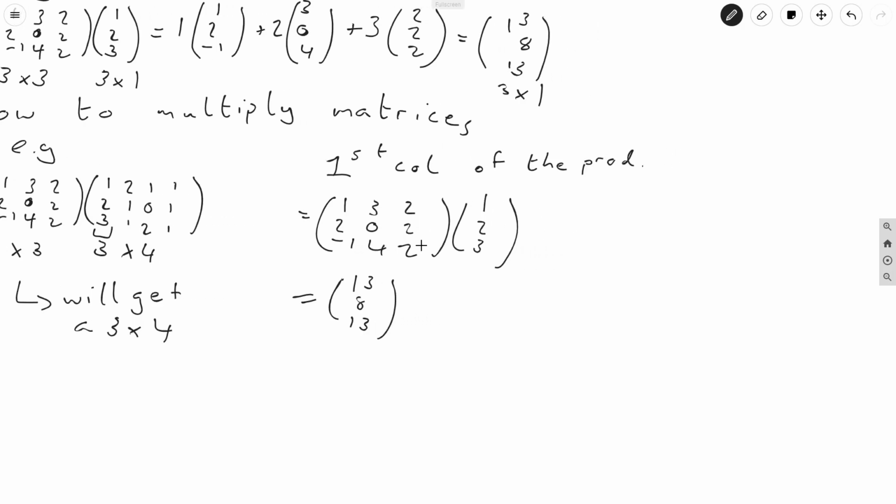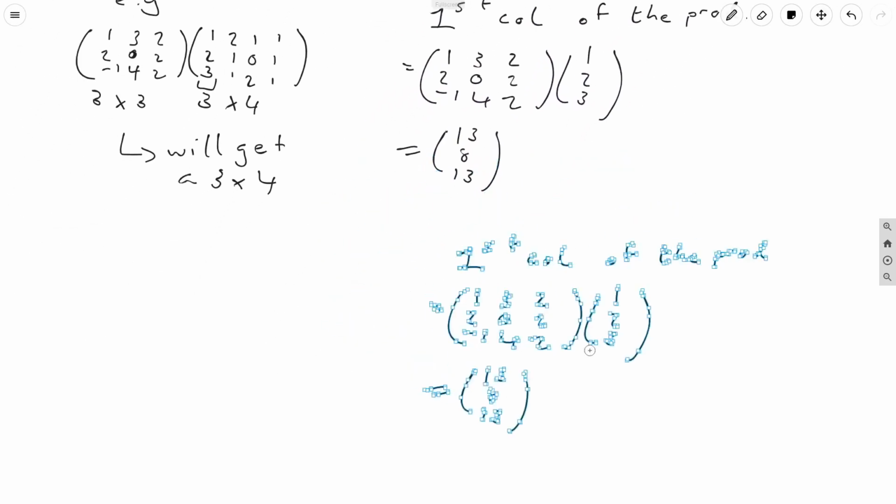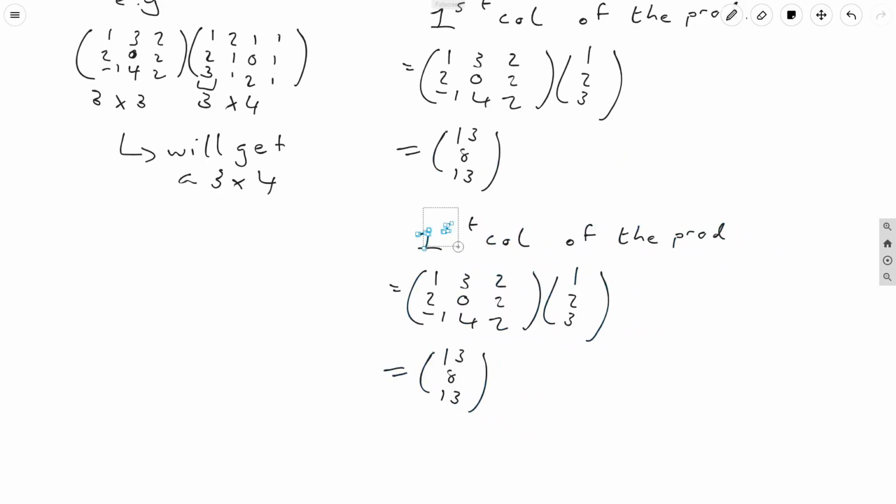Then we're just going to repeat this process for each of the columns in the right-hand matrix. So here we're going to get the second column. The only difference is we replace the first column of our right-hand matrix with the second column of the right-hand matrix. So we get 2, 1, 1 here instead.